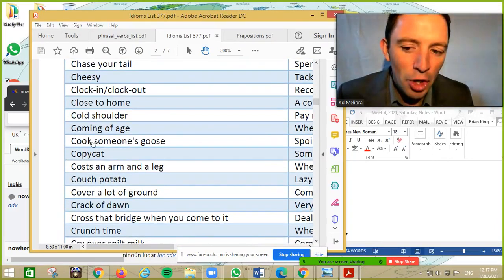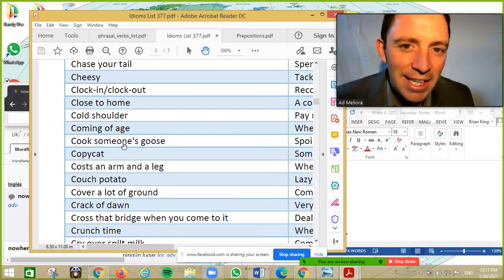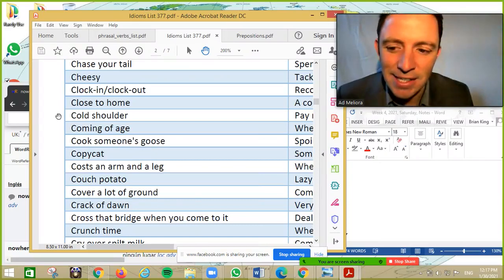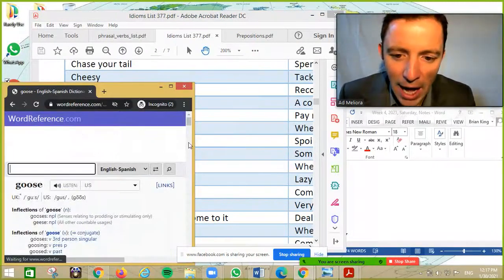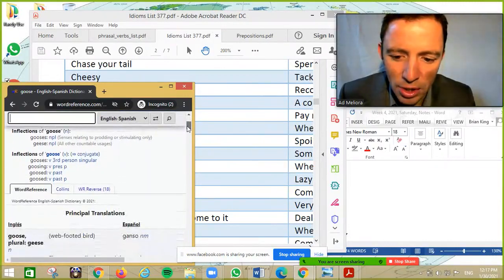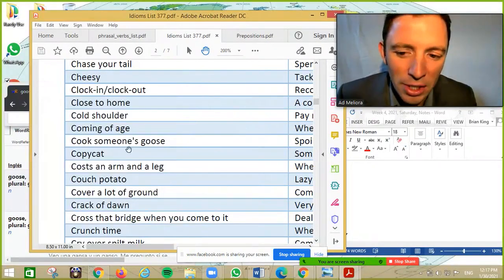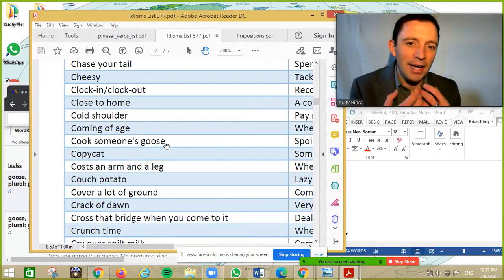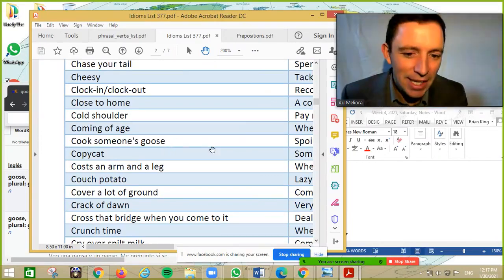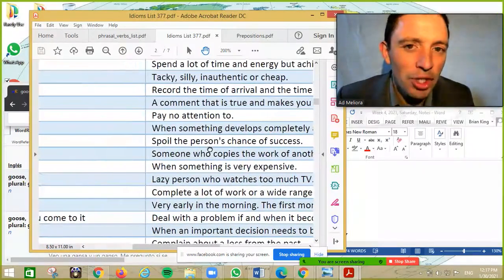Yes, this is typical. Cook is cocinar. Someone's is alguien's. Goose is gallina, maybe. Yes, gallina. Actually, the goose is ganso. So, cook somebody's goose. Goose is typical para cocinar, to cook, and the significance is to spoil the person's opportunity or chance.